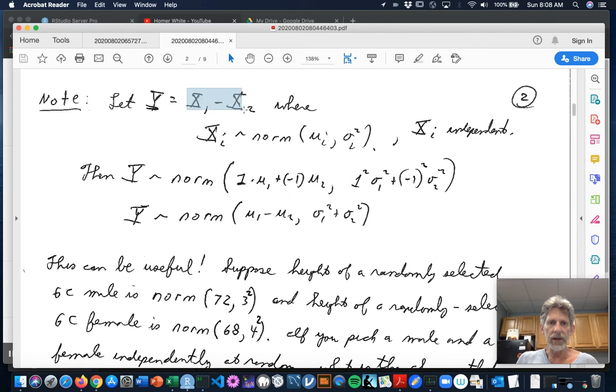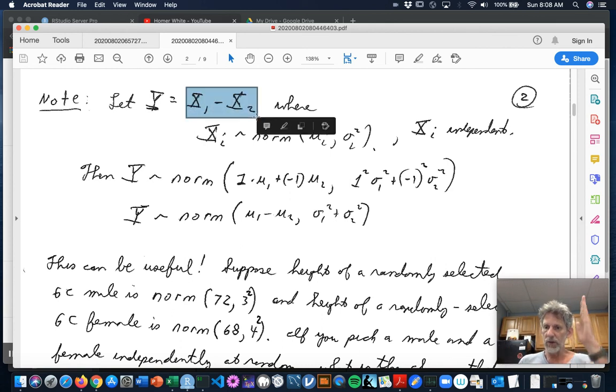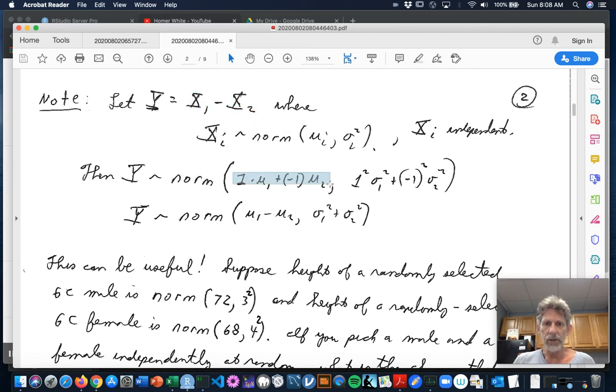So thinking about this, this is a linear combination: 1 times X1 plus -1 times X2. And so the linear combination of those means: 1 mu1 plus -1 mu2, so mu1 minus mu2. And then the variance is the sum of the ci squareds times the variances: c1 squared, first variance, c2 squared, second variance. So that just works out to sigma1 squared plus sigma2 squared.